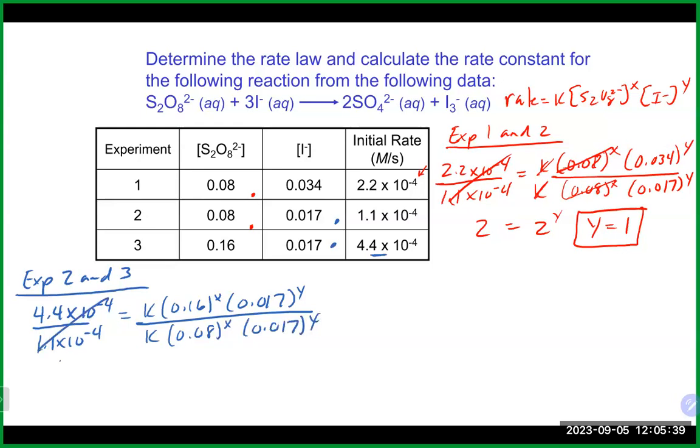In this case, we do get a 4. Once again, the k cancels, and we already calculated that, so really that cancels. That will give us 2 to the x, and in this case our x should equal 2.